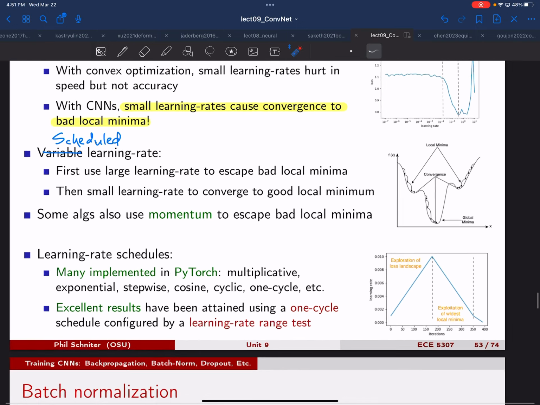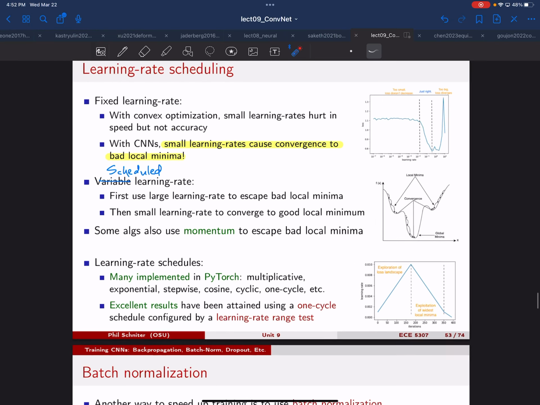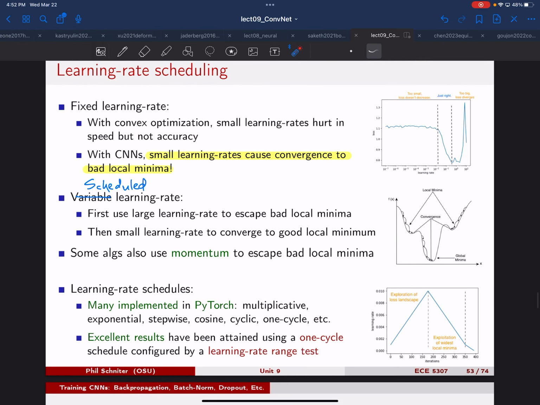And so the ADAM algorithm has momentum and adaptive step size and various other tricks inside it to try to escape these bad local minima. And ADAM is just one of many algorithms that are available to use in PyTorch. Okay, so that's what I wanted to say about learning rates.